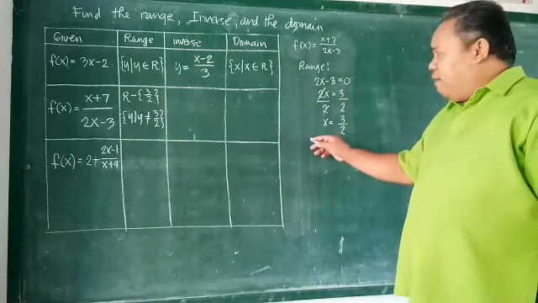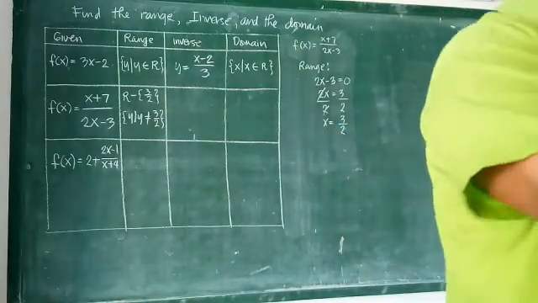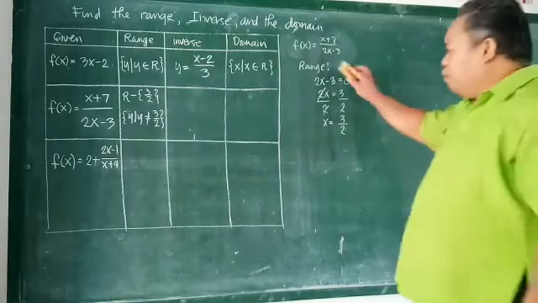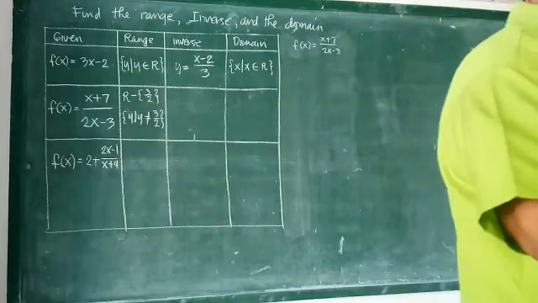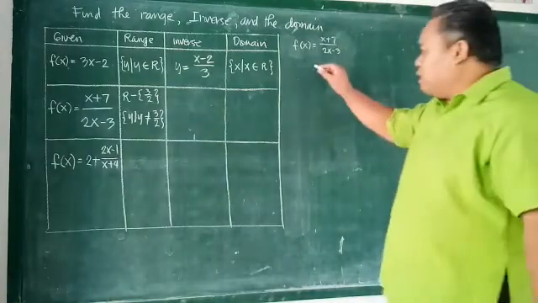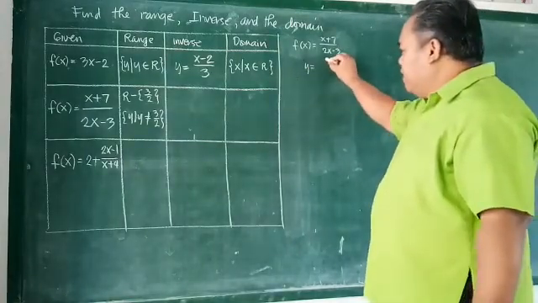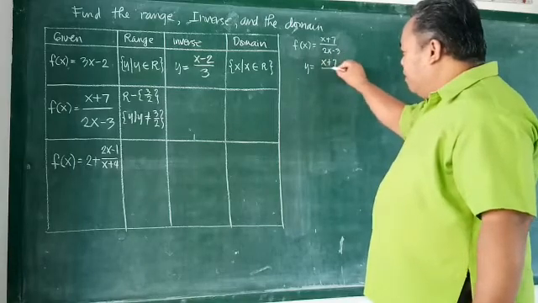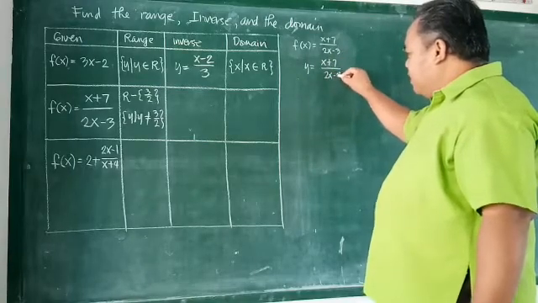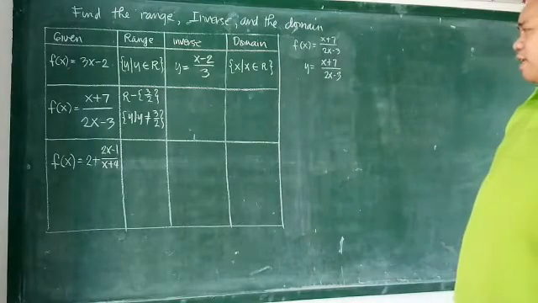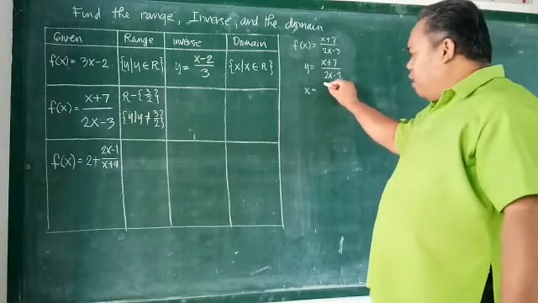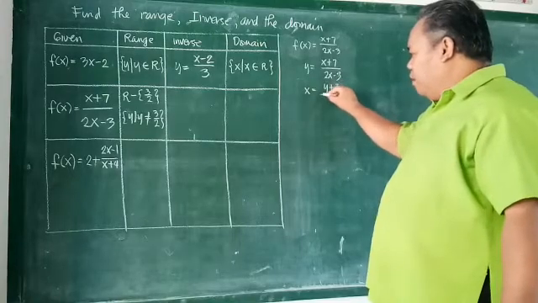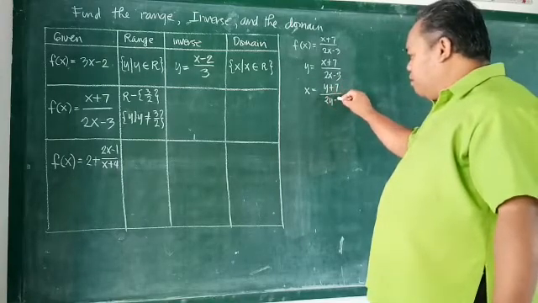Again, in the inverse, we are going to interchange x and y. First, we write this as y equals x plus 7 over 2x minus 3. Then interchange x and y: y becomes x and x becomes y, so x equals y plus 7 over 2y minus 3.